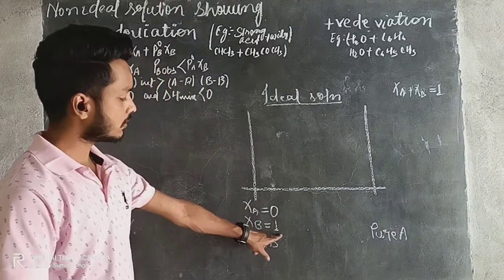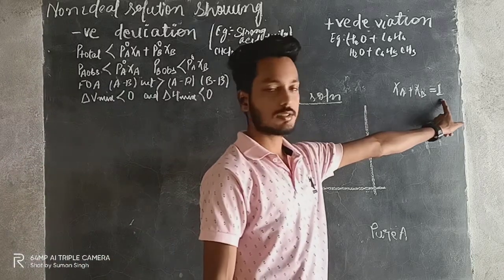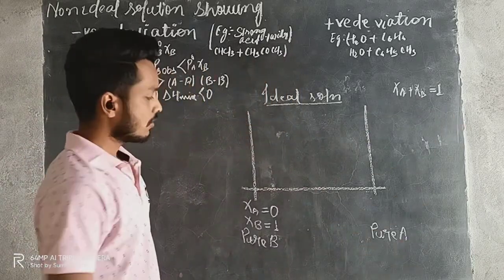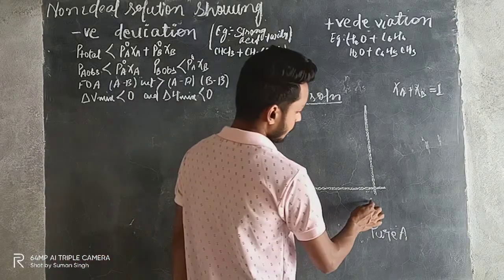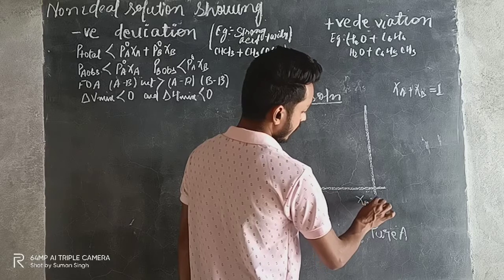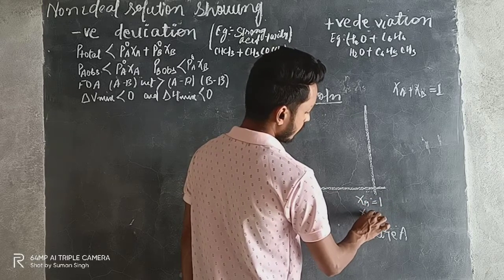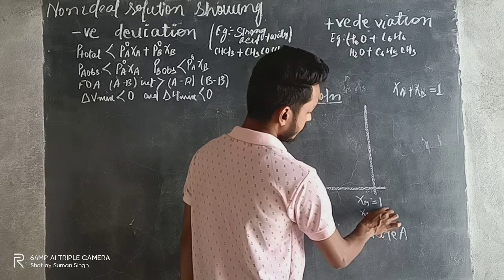Because 1 plus 0 will be 1, as I have told you, mole fraction of A plus B is equal to 1, right? So the same thing you just apply here. Here mole fraction of A will be 1 and mole fraction of B will be 0.